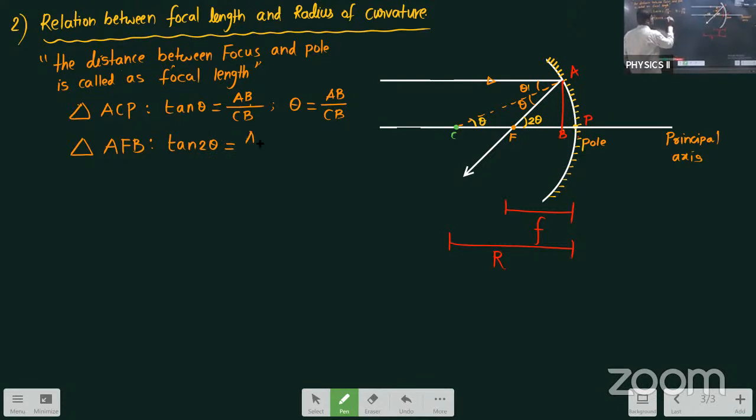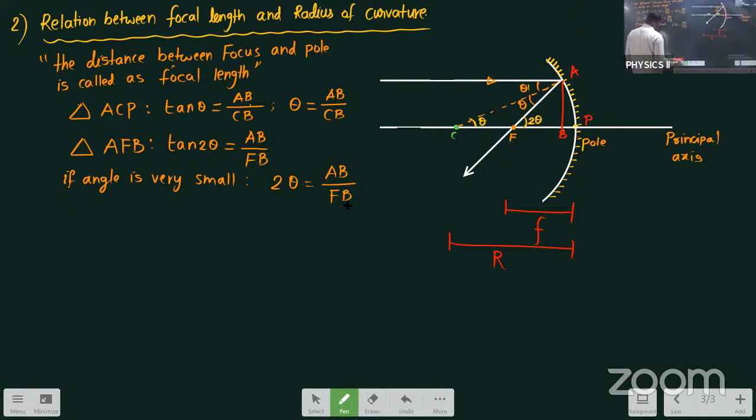The opposite side is AB, divided by the adjacent side, FB. Now we know that if the angle is very small, I can write tan 2 theta as 2 theta, equal to AB divided by FB.